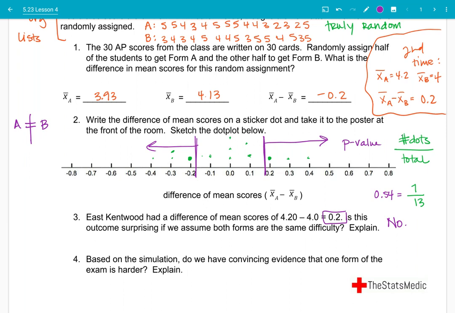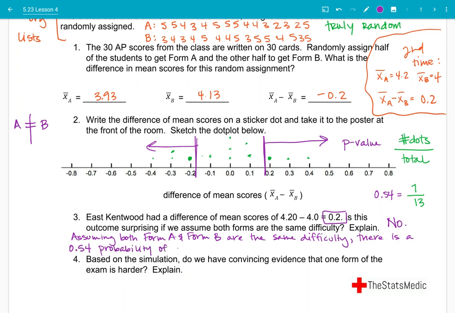because according to what we're looking at, assuming, let's define our p-value here, assuming both forms are the same difficulty, we would have a 0.54 probability of getting this difference that Kentwood saw of 0.2 or higher purely by chance.